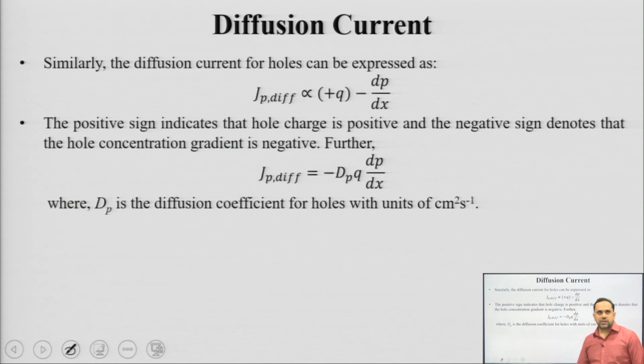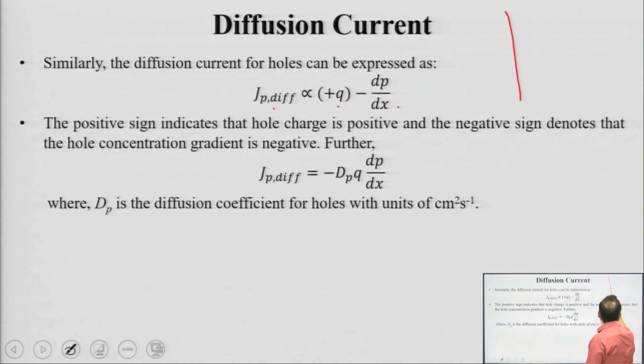Now, for holes the same analogy applies, except a small difference. Hole diffusion current is also proportional to charge as well as concentration gradient, but the charge of holes is actually positive. Holes have a positive charge, the same magnitude as the electron but opposite polarity, and the concentration gradient is negative. Okay.